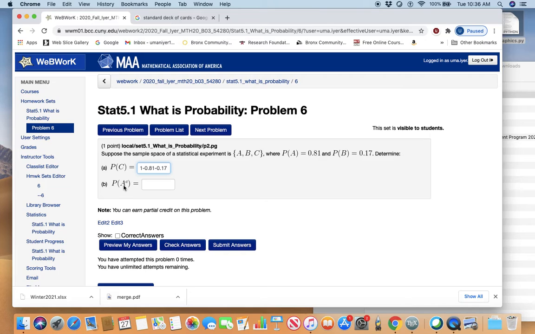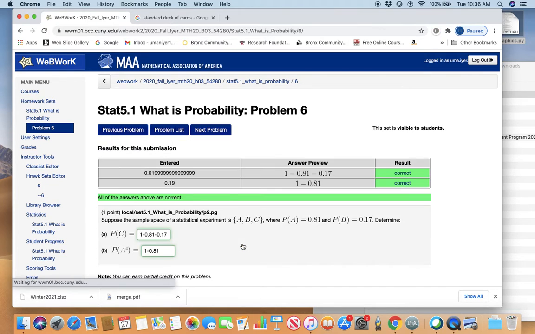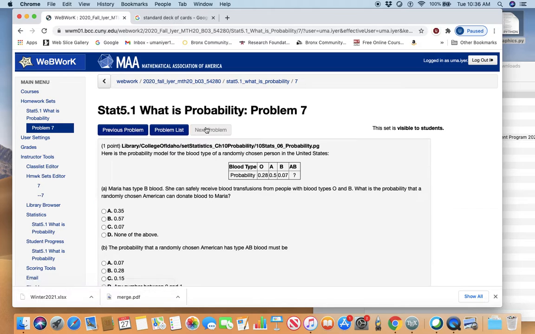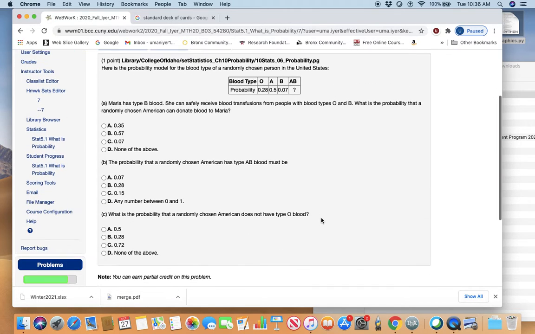What is probability of A complement? A complement means everything other than A. Well, that's 100% minus probability of A, 0.81. Okay. Next problem.